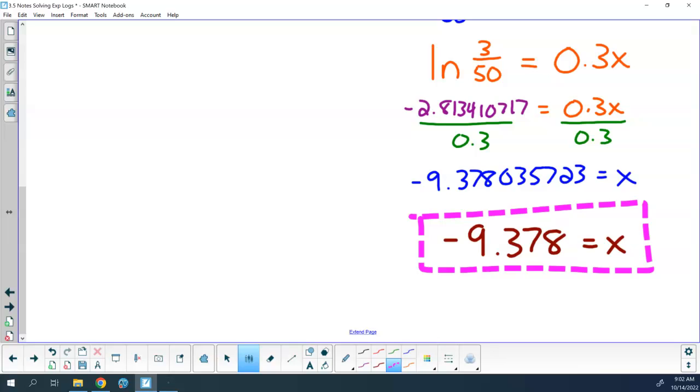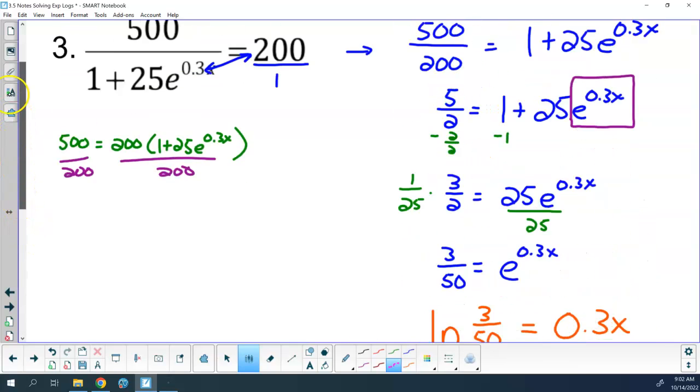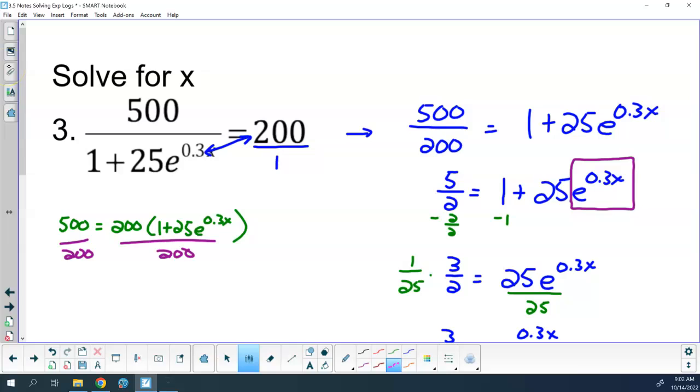So if that's negative, does that make this logistic function a decay? No, it makes this a logistic growth because this up here was positive. That makes this a logistic growth, which makes this a logistic decay.